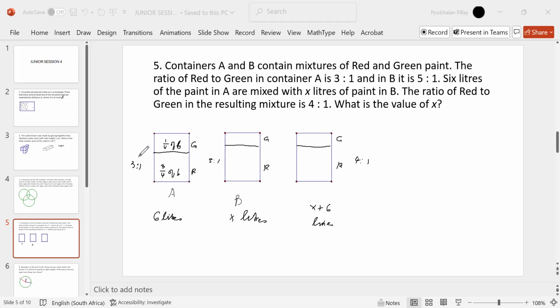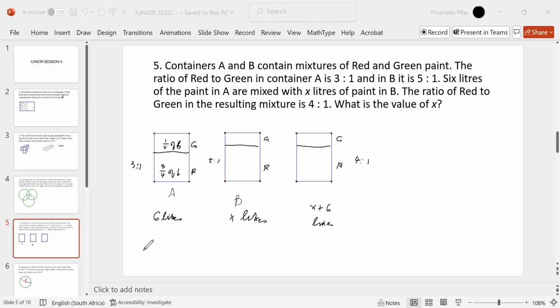Right? So altogether you've got 6. Each part is 3/4, since 3 plus 1 is 4. This is how you normally do it: 3/4 of 6 and 1/4.